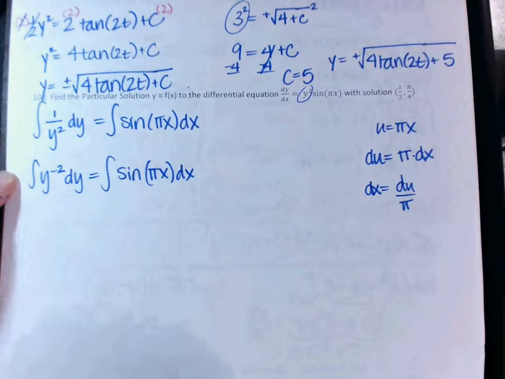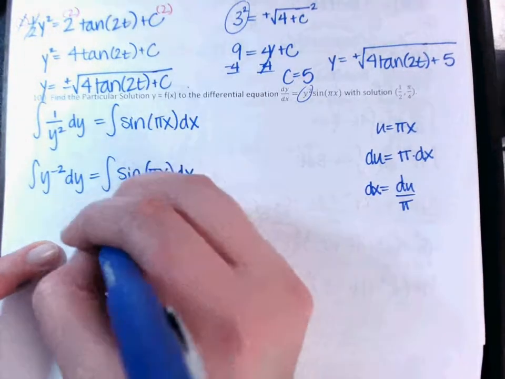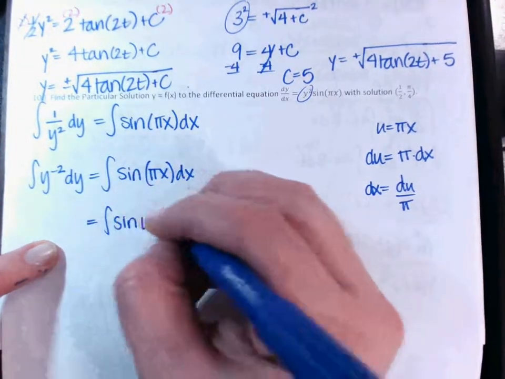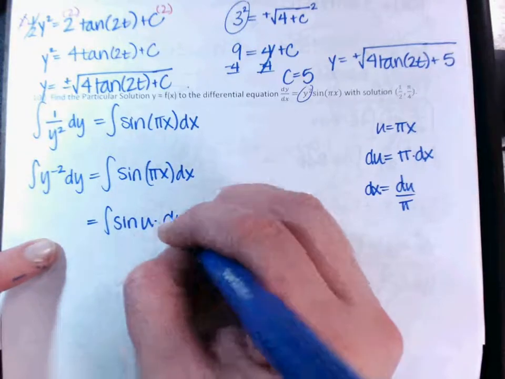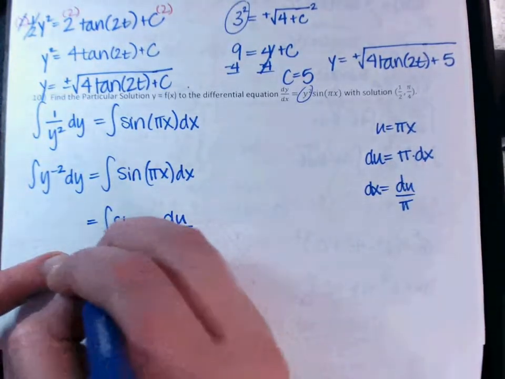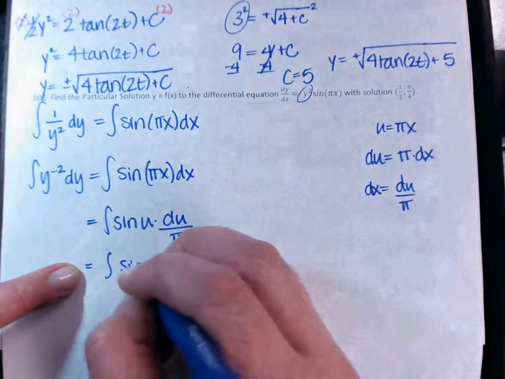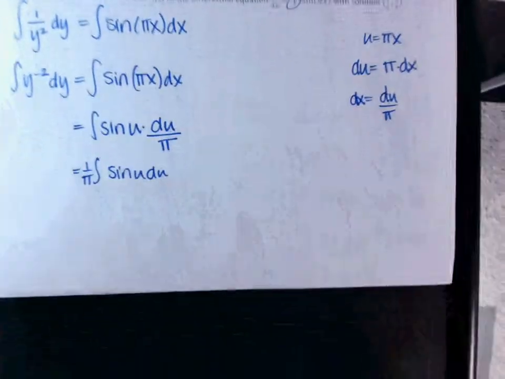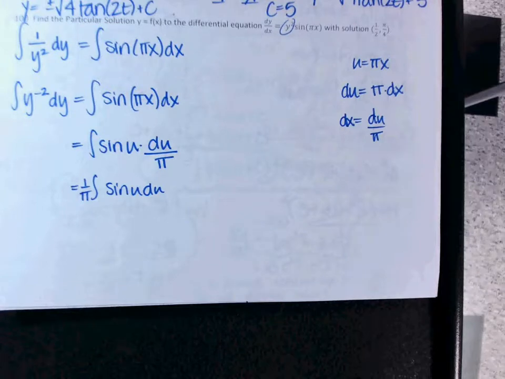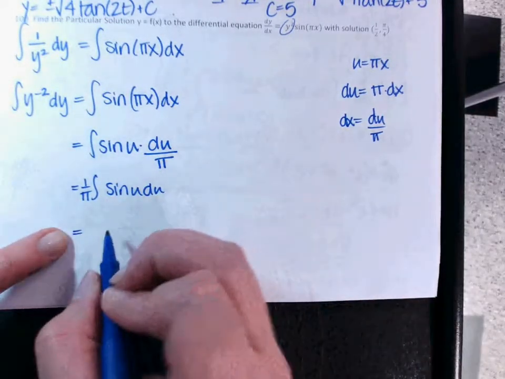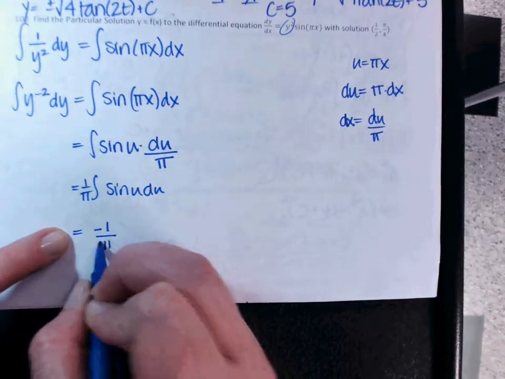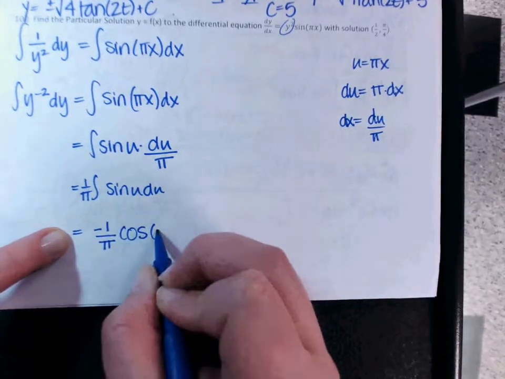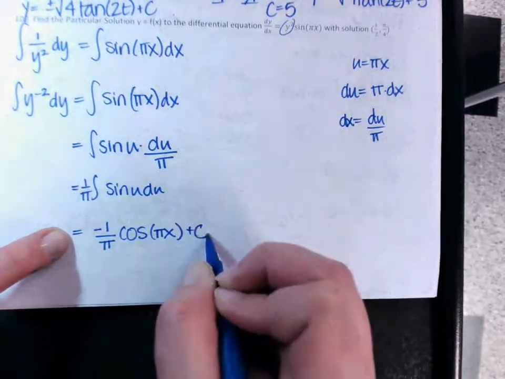Okay? Then from here, I'd have the integral of sine u du over pi, which is really the integral of sine u du with a 1 over pi in the front. Okay, so pi is still a number just like any other number. Then what's the integral of sine? Negative 1 over pi cosine pi x plus c.